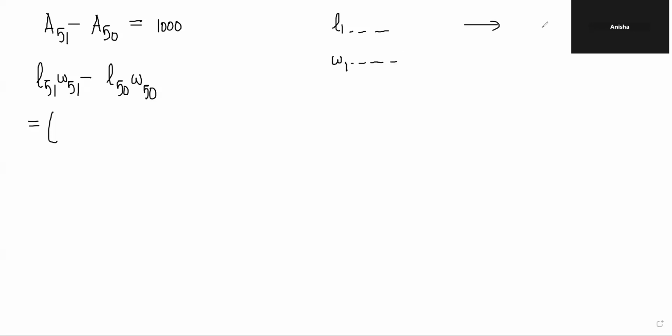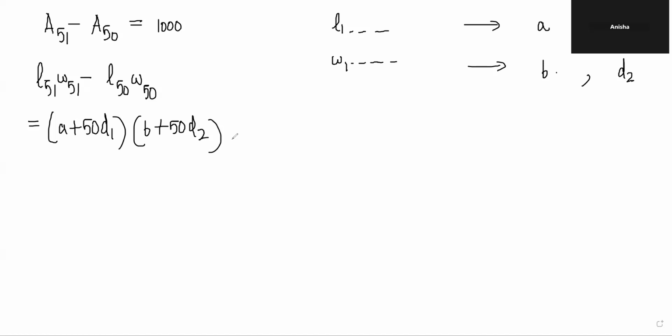Let's say the first term of this sequence is A and the first term of this sequence is B. Common difference is anyway D1 and D2. So we can write L51 now as A plus 50 D1, and this is B plus 50 D2, correct? Minus you have A plus 49 D1 and B plus 49 D2.